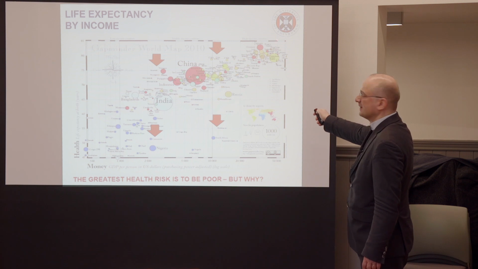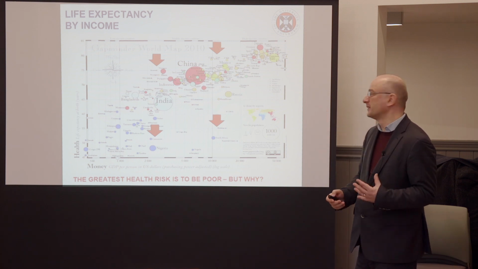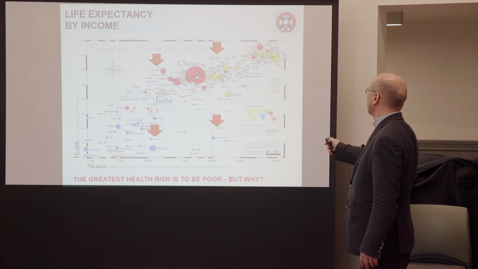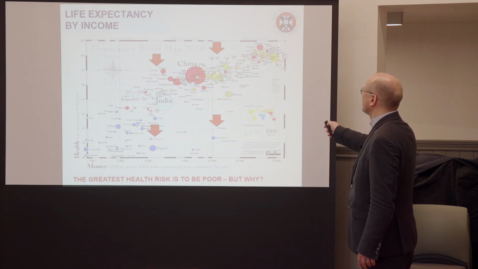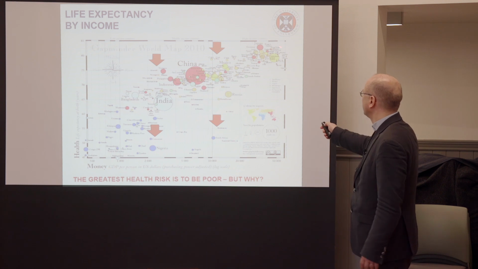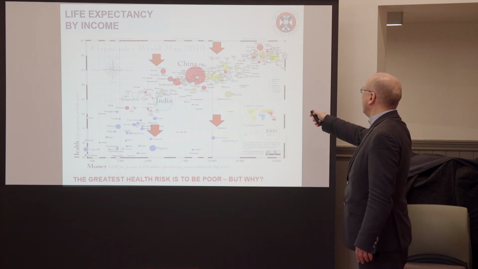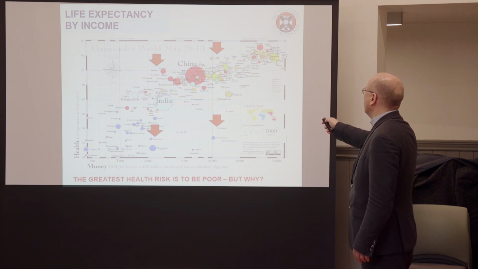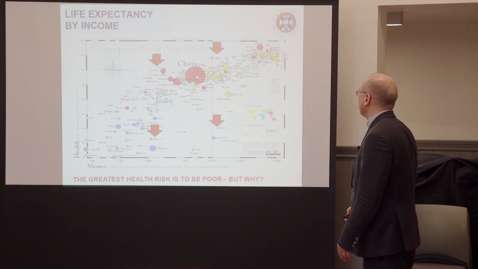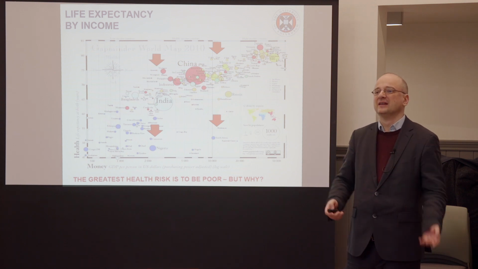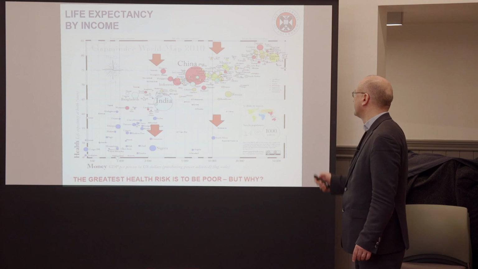So Americans also must have a lot of inequity in their population, because when you look at the wealth that America has, which is massive, they should really be living 85 plus. They should be ahead of Japan and Germany and Italy and UK and Iceland and Sweden and South Korea. But they're not. They're actually not doing that well at all. So their health system is the most expensive yet very inefficient health system.